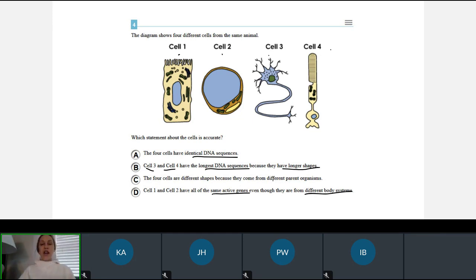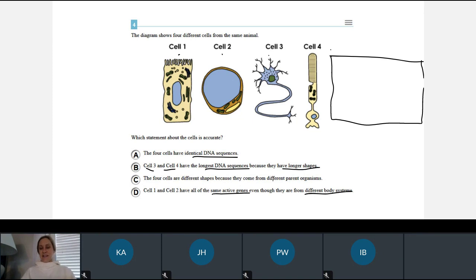Now, remember when we talked about having a wall of light switches? Remember the wall of possibilities? This is a wall, and it's got just hundreds of light switches all over it. This is how I like to think about it. Every single one of these cells have the same DNA.